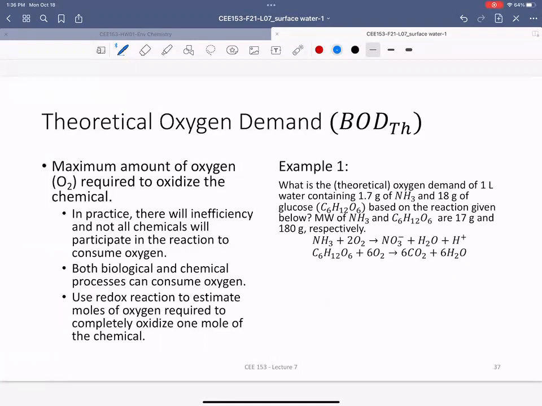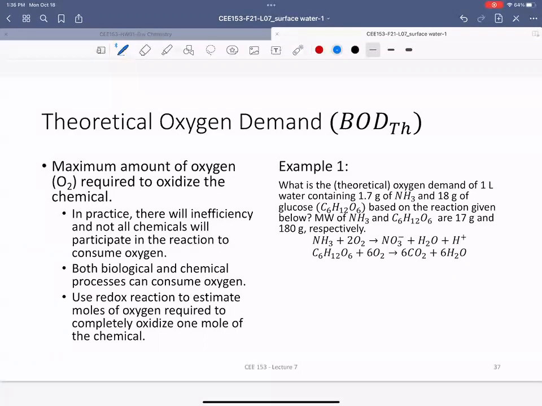So now, one of the questions will be to calculate how much oxygen can be consumed for a reaction, which you already did for redox reactions. If you remember in the very first week, I gave you a redox equation with glucose or sugar, adding oxygen and seeing how much carbon dioxide comes out. That's this equation.